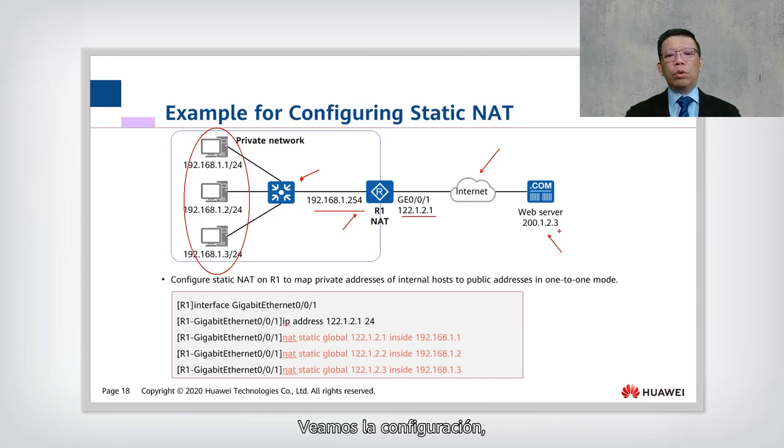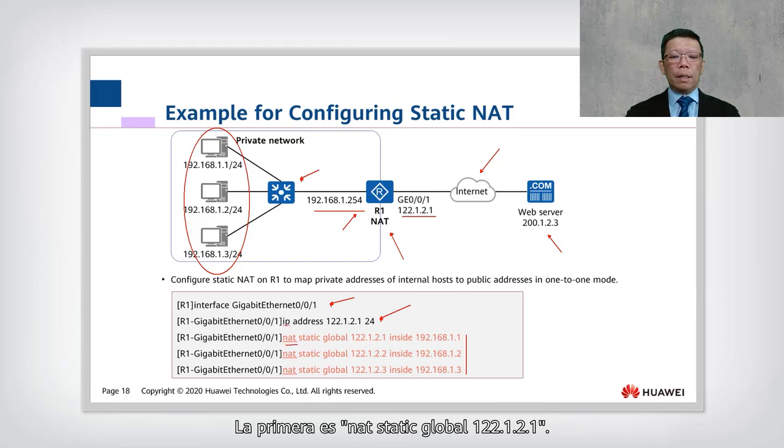So let's look into the configuration specifically on NAT. On the internal side, we do not need to do anything. It's only on the external interface gig 0/0/1, which has the IP address of 122.1.2.1. We just need to do these 3 configurations. The first one is nat static global 122.1.2.1, which is the external or public IP.